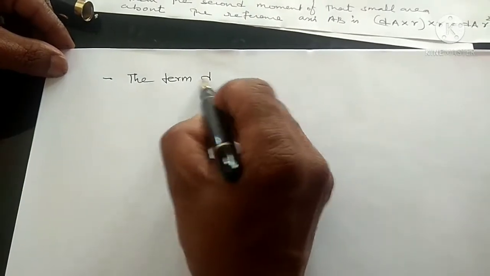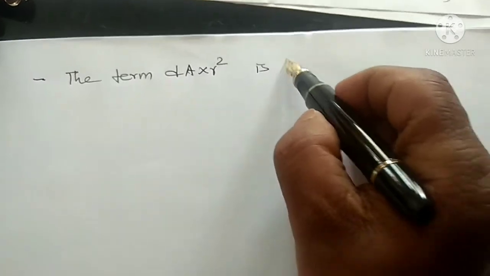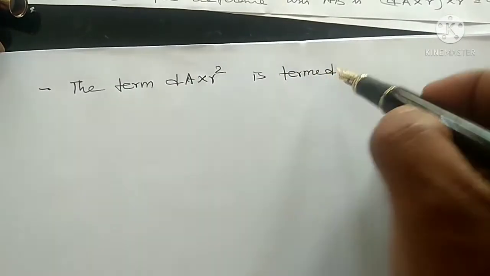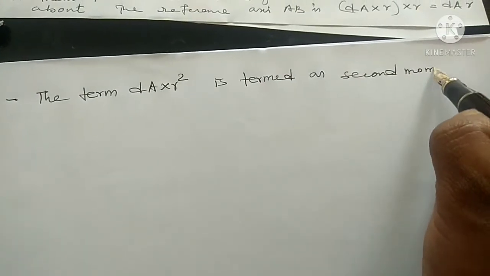The term dA into r square is termed as second moment of area.